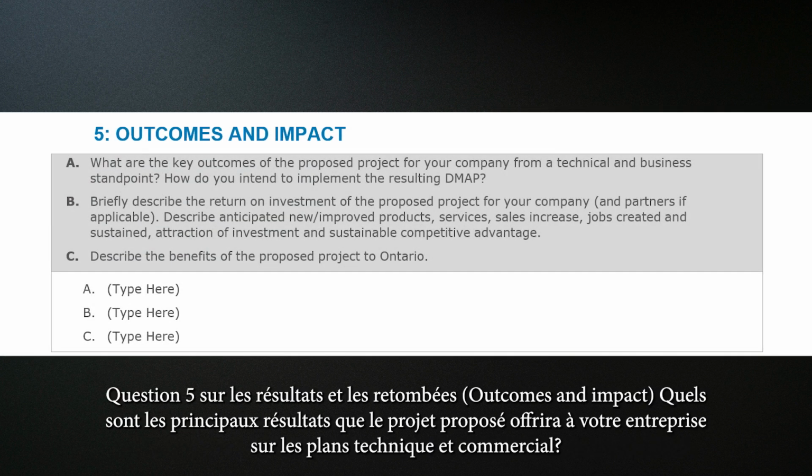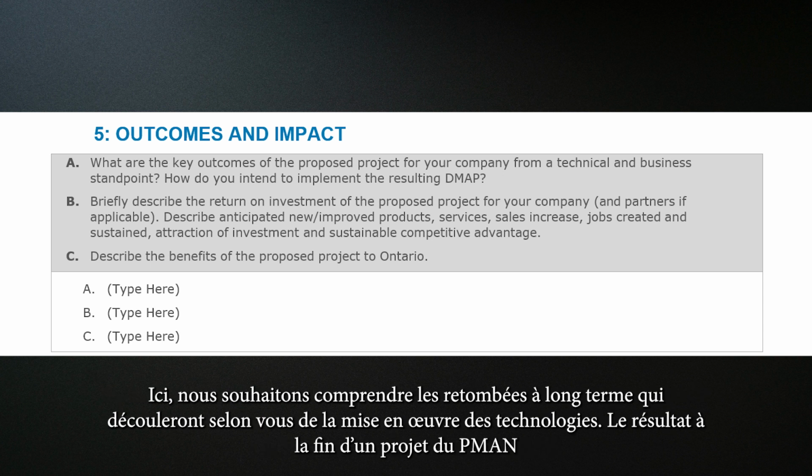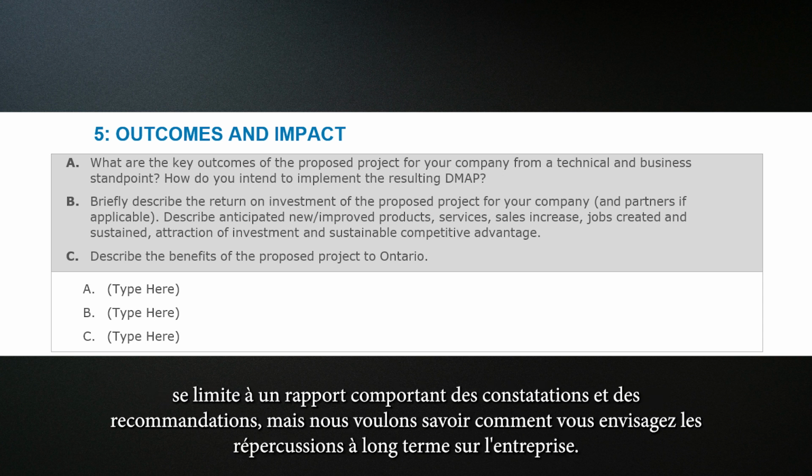Question 5, outcomes and impact. What are the key outcomes of the proposed project for your company from a technical and business standpoint? Here we're trying to understand what you think the long-term impacts will be of implementing technology. Now, in a DMAP project, the end result is just a report with findings and recommendations.